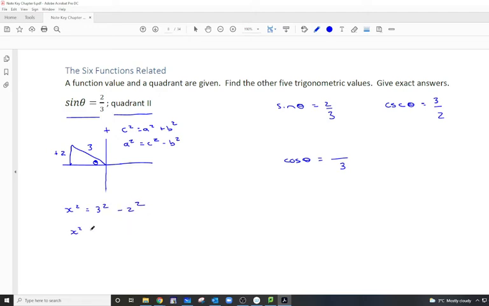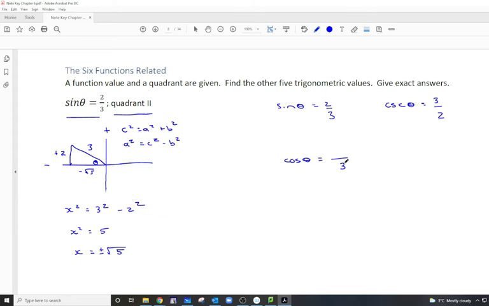So I get that x squared equals 9 minus 4, which is 5. So x equals plus or minus root 5. Now I have to decide which answer is correct. Because my angle's in quadrant 2, which has negative x values, I know that this is going to be negative root 5.